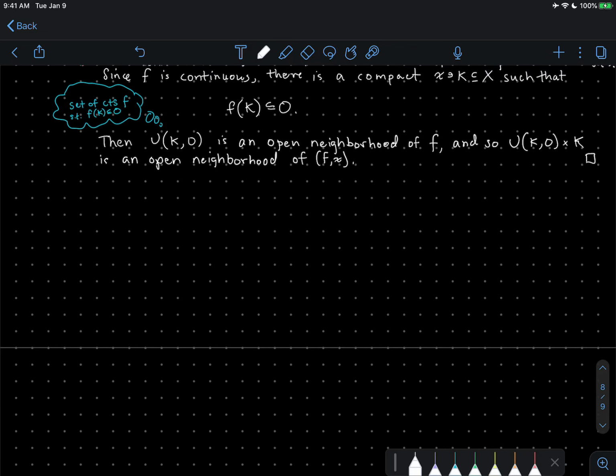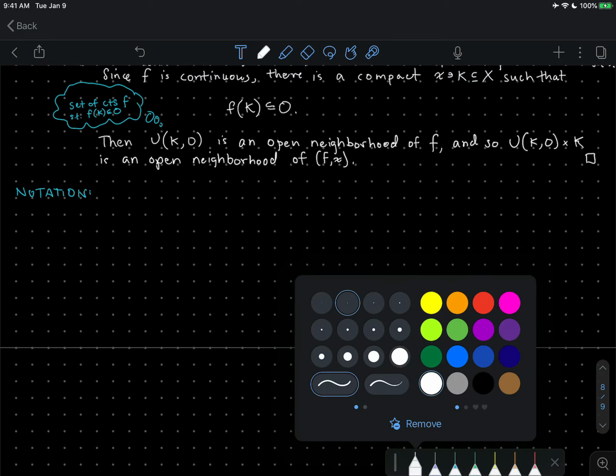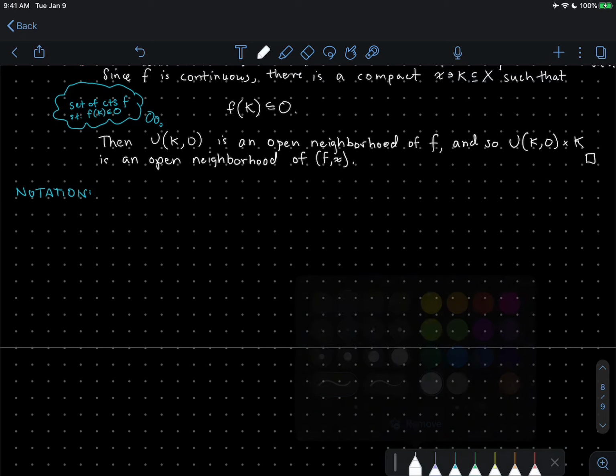Okay, so that's the lemma. Let's give just a little bit of notation. This, I believe, is a little more standard.